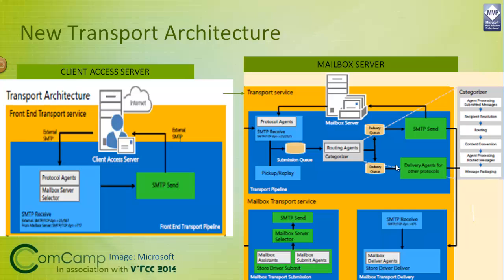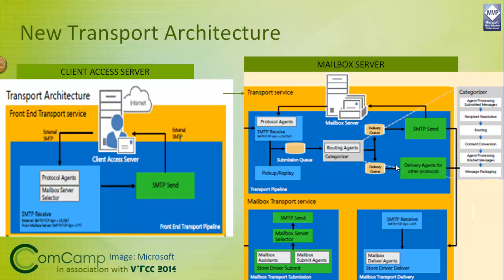It does not check the number, type, location, or message recipients. So basically, front-end transport service only proxies the incoming and outgoing mails. Front-end transport service also runs the connection filtering.